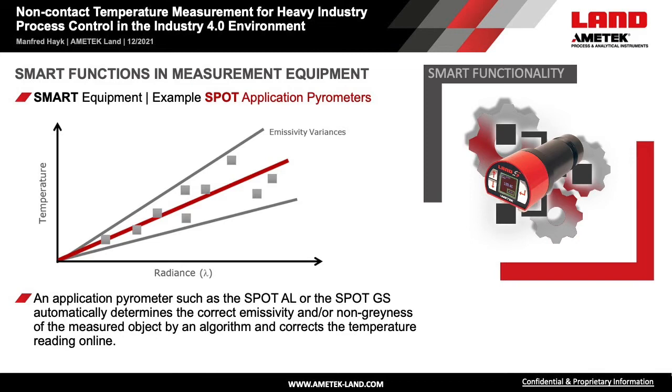These application parameters, like the spot AL for aluminium applications, or the spot GS for coating or galvannealing applications, automatically determine the correct emissivity or non-grayness of the measured object in the process by an algorithm and correct the temperature reading online. You just need to choose an algorithm for this process.